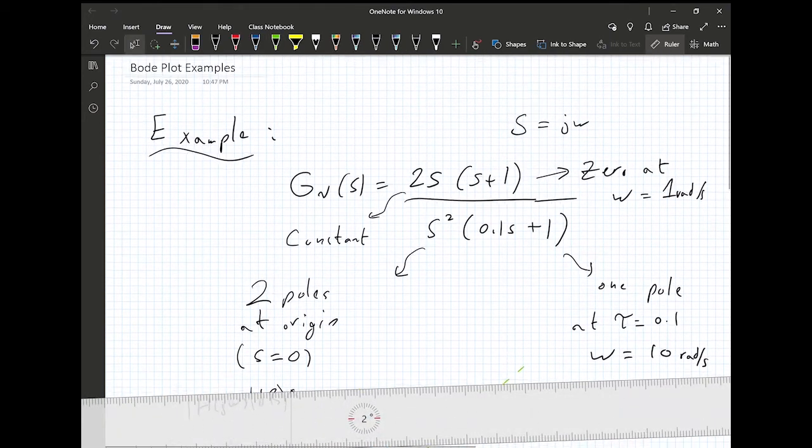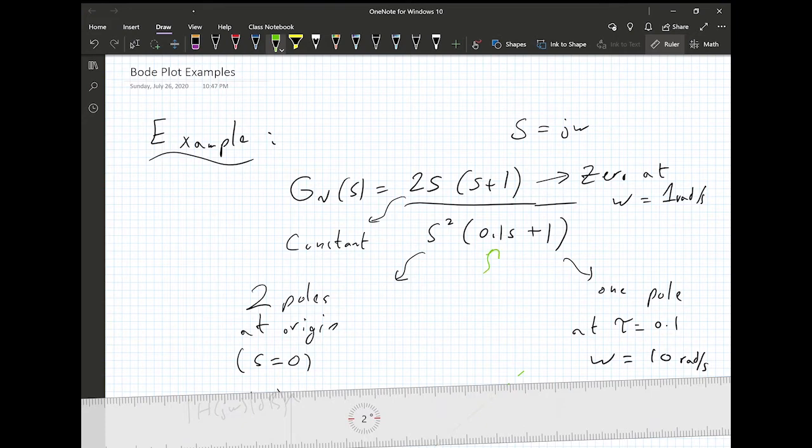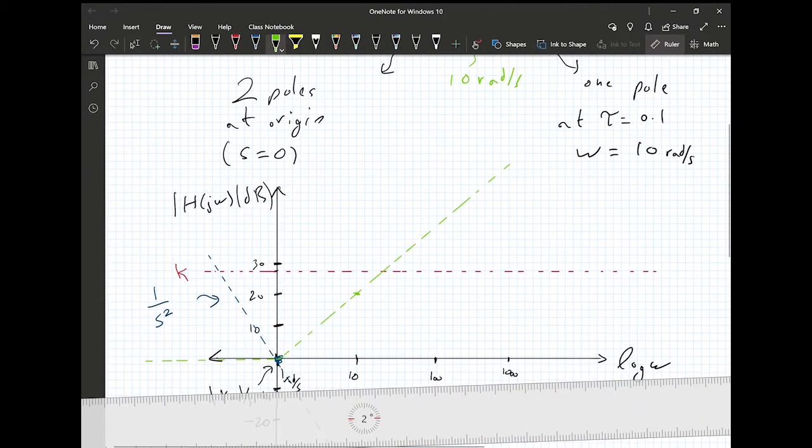Now there's a pole that's happening at 10 rads per second, right? Tau is 0.1, so the inverse of tau is going to be 10. So this is a pole. What does it mean to have a pole? I don't know what color I should choose. I guess I'll choose red again. So the pole happens at 10, so it's here.